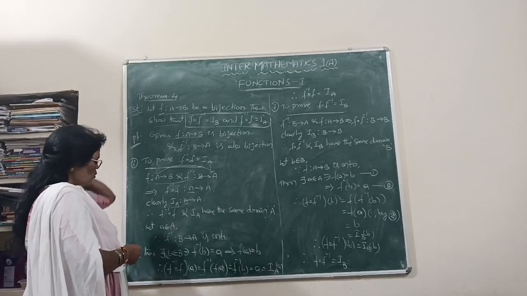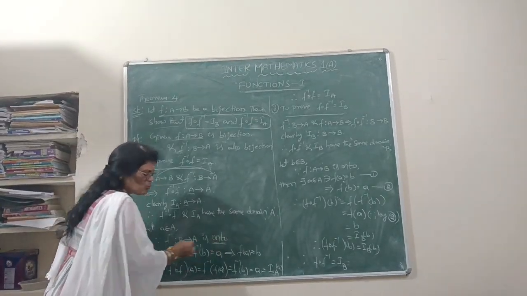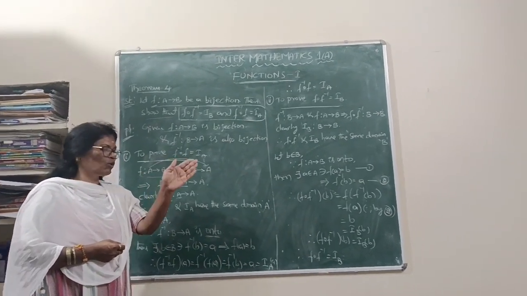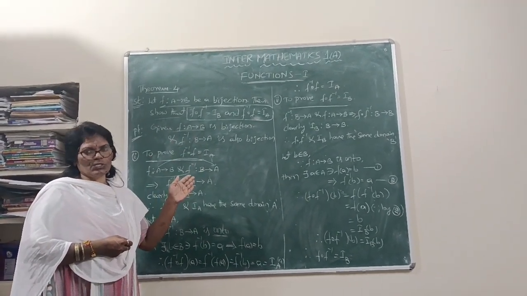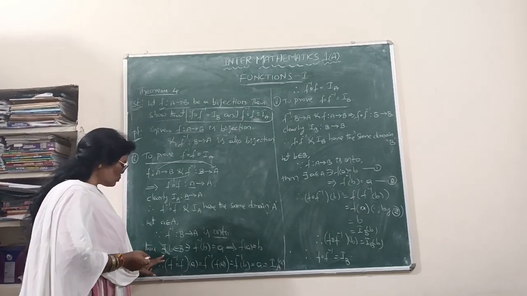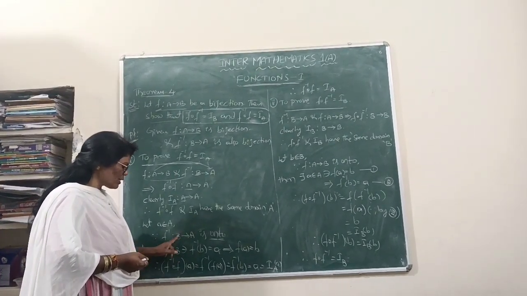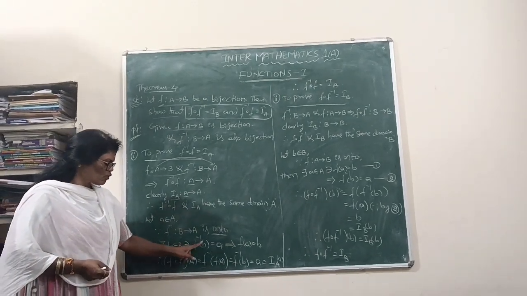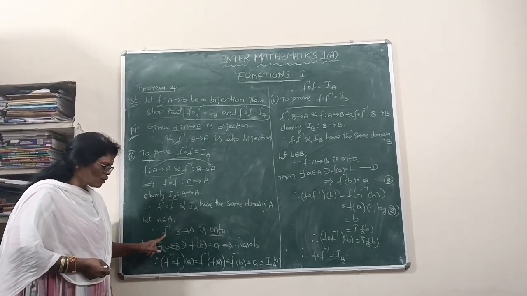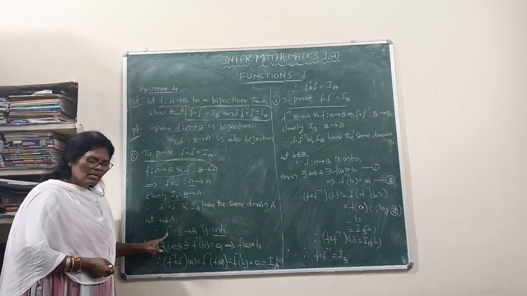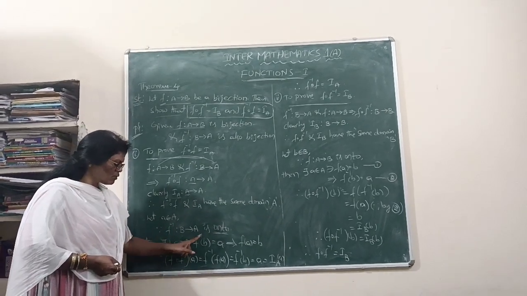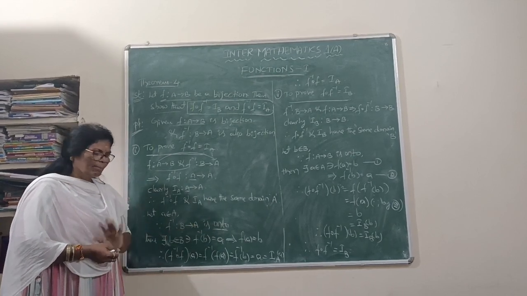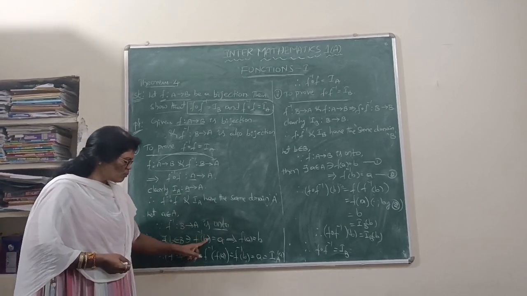By the definition of onto, every element in the codomain has a pre-image. So there exists b in B such that f inverse of b is equal to a, because here the function is f inverse. So f inverse of b equals a.